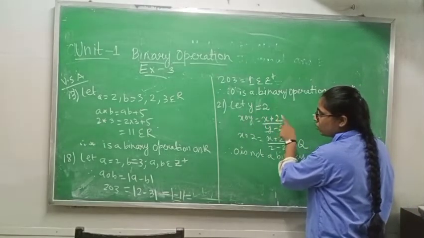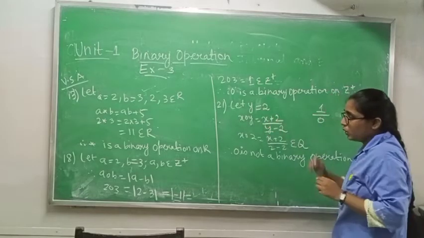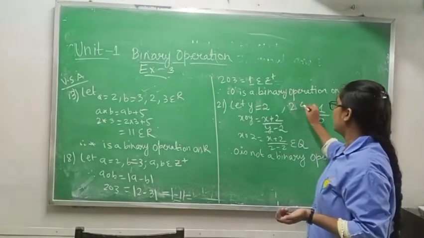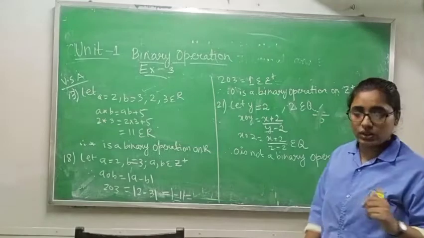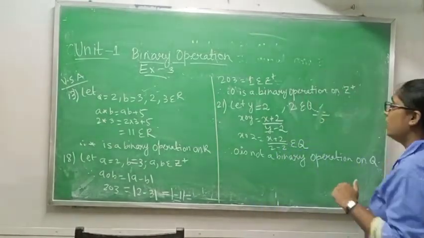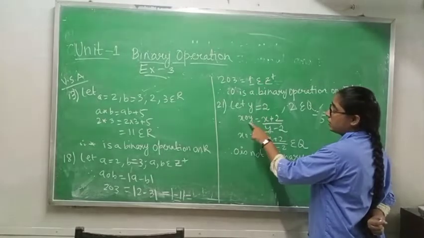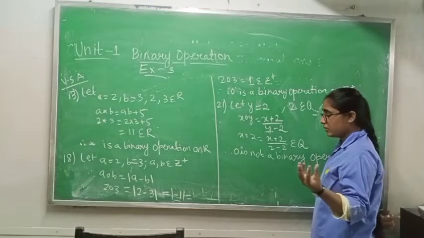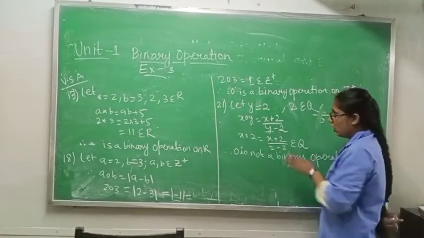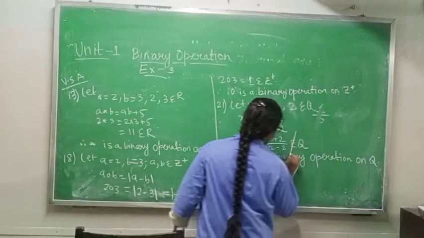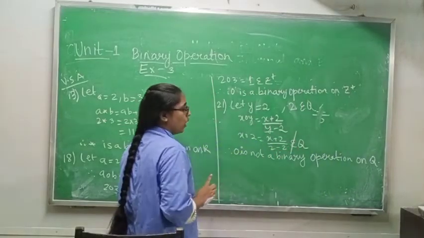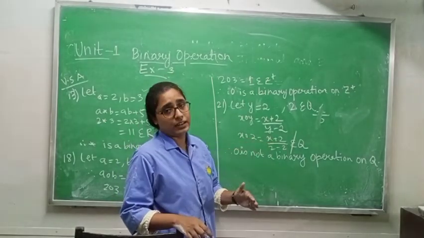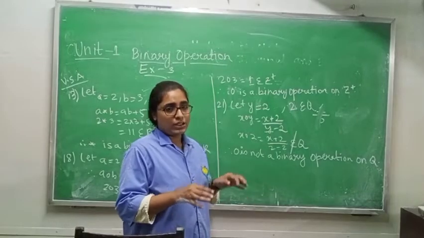So for this reason I am taking y equals 2. When I take y equals 2, and 2 belongs to Q only, you can write 2 belongs to Q, because Q is nothing but the rational numbers. So in place of y you will put 2, again in place of y you will put 2. 2 minus 2 becomes 0, and something by 0 will not belong to Q, because something by 0 is undefined, and undefined does not come into the rational numbers.